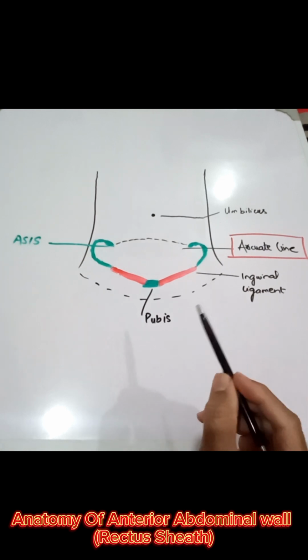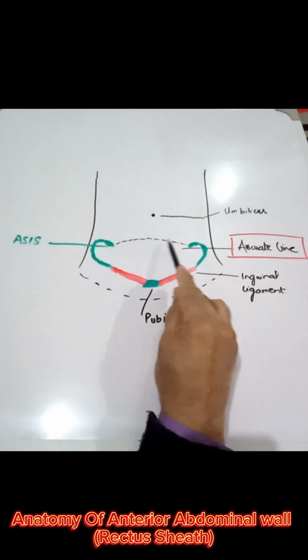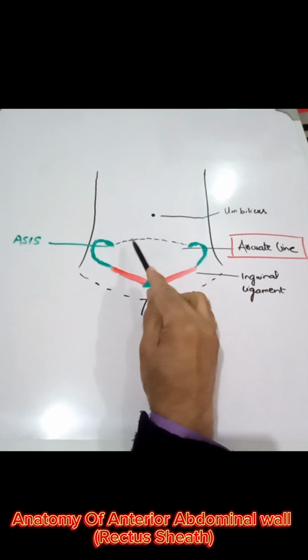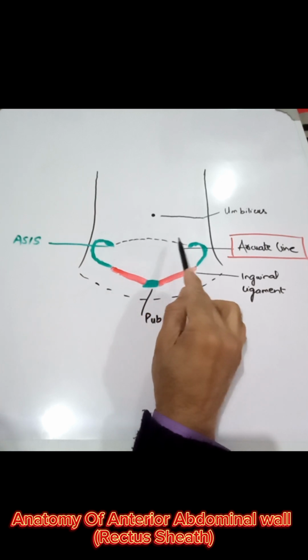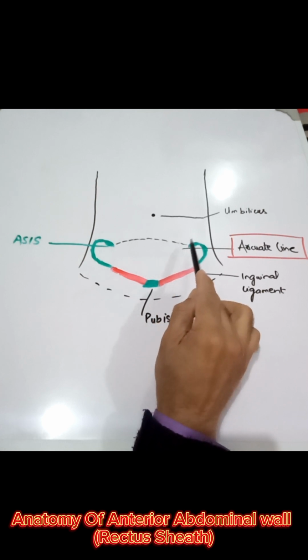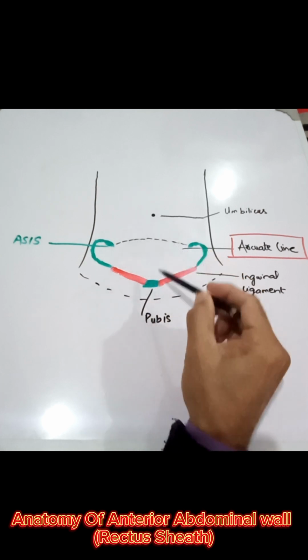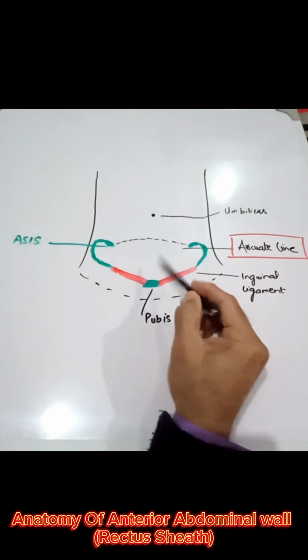Arcuate line, this is the arcuate line. It is also known as semi-lunar line of Douglas. It is a line midway between the umbilicus and symphysis pubis.